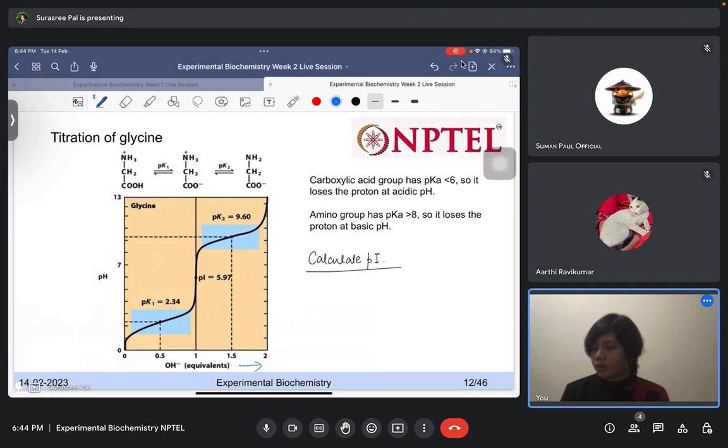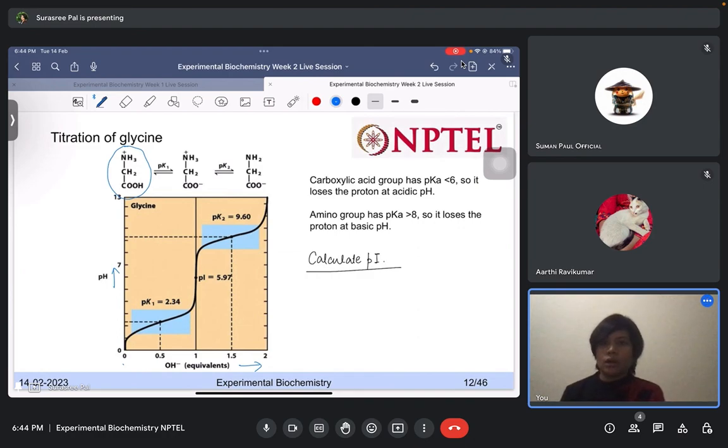at the beginning the solution is in a very low pH condition, right? Starting from here, we can see at the beginning, this y-axis is the pH value, right? pH is increasing along the y-axis. So in the beginning when there is a low pH condition, I told you that in a low pH condition the amino acid will exist as a cation, and this is the structure that is predominant in this low pH condition, right?